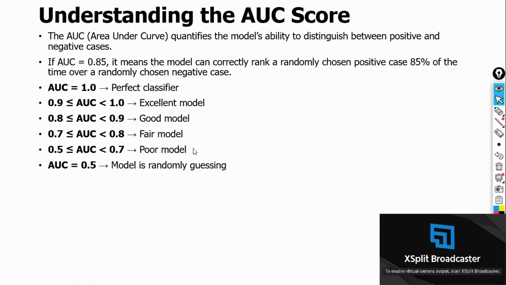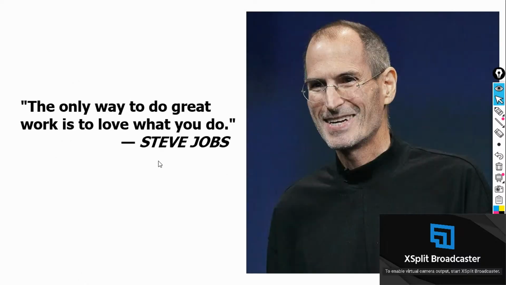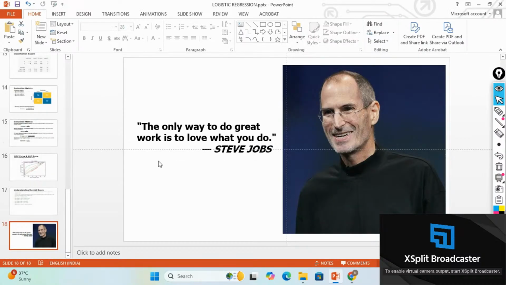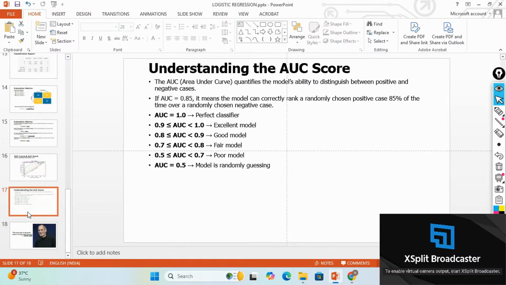So these are some of the important evaluation metrics that we come across when we are working on classification tasks. Use them as part of your projects, whatever you are trying to do as part of your classification task. Do calculate the confusion matrix, the classification report, then precision, recall, and F1 score are mandatory.